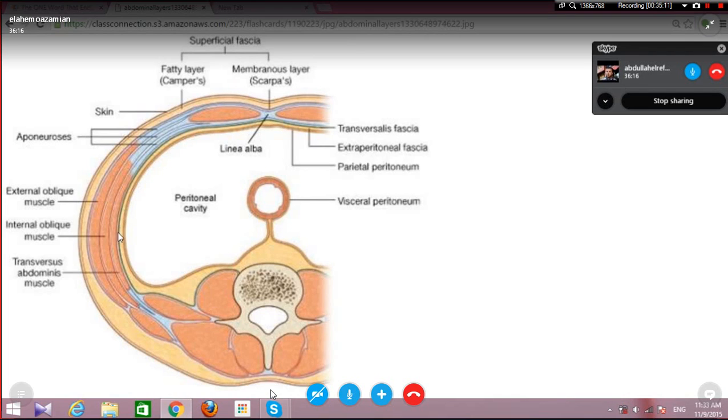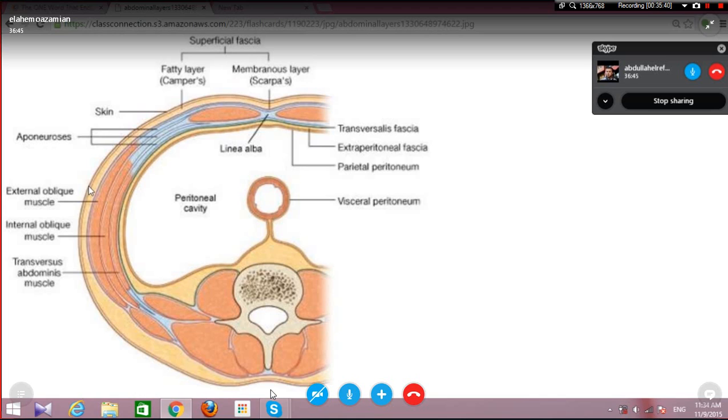Endo-abdominal fascia here changes its name to transversalis fascia. But in the other parts, it's still called endo-abdominal fascia. You can also see in your book, it's called transversalis fascia here. So this is the endo-abdominal fascia. Okay, clear?